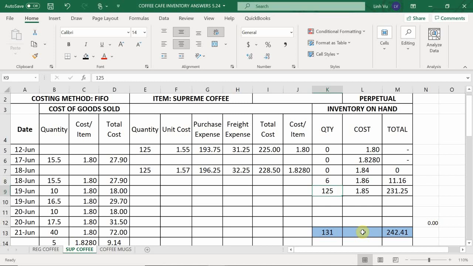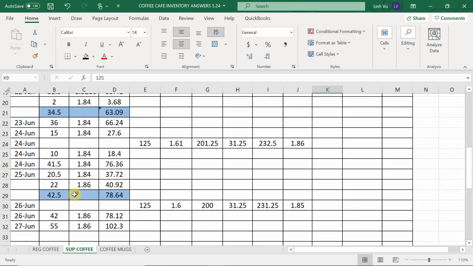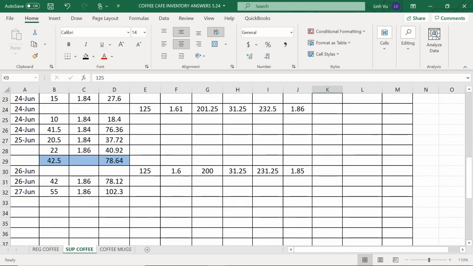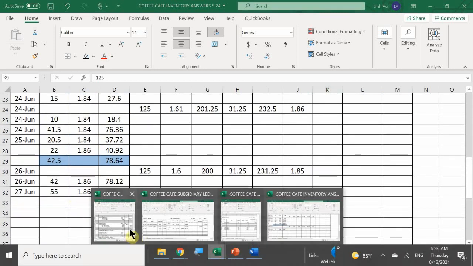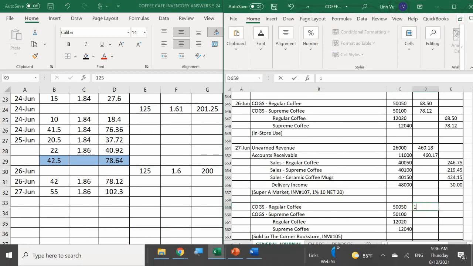Okay, I'm caught up. And then now we'll go back to our general journal and fill in our cost of goods sold. For regular coffee, the amount was $122.33. And for Supreme, it was $102.30. How much was for regular coffee? $122.33.